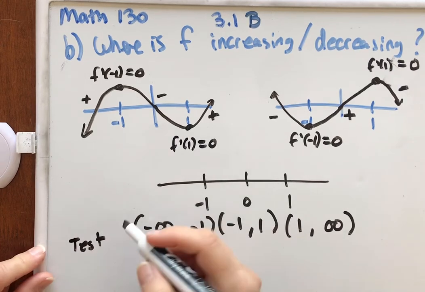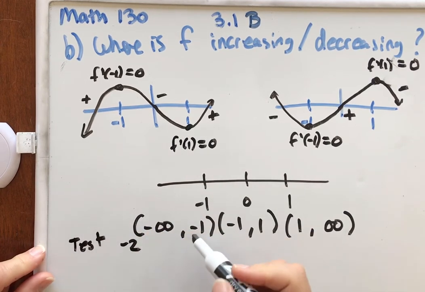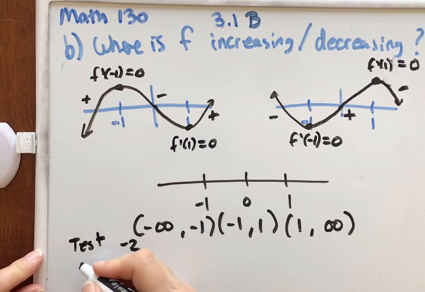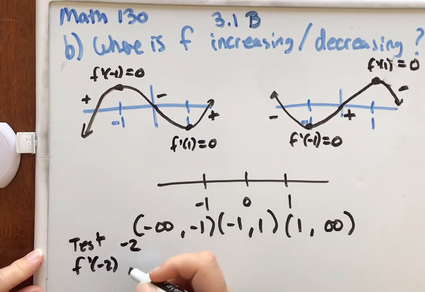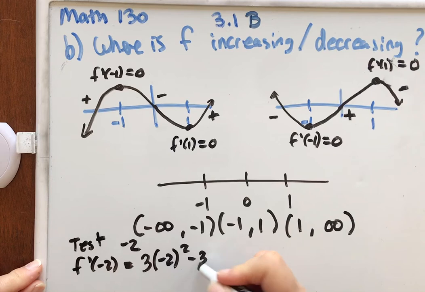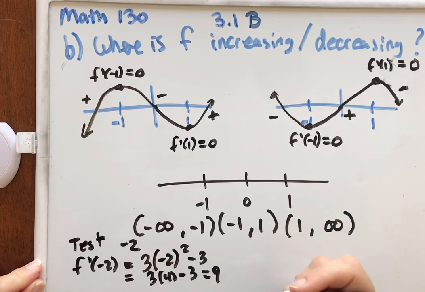Let's test x equals -2, because -2 is in that interval right here. F prime of -2 equals 3 times -2 squared minus 3. And that equals 3 times 4 minus 3, which equals 9.